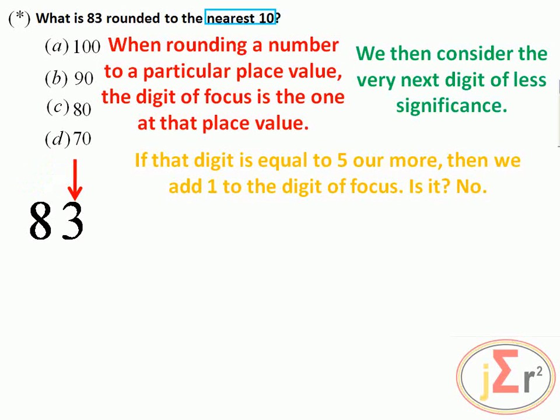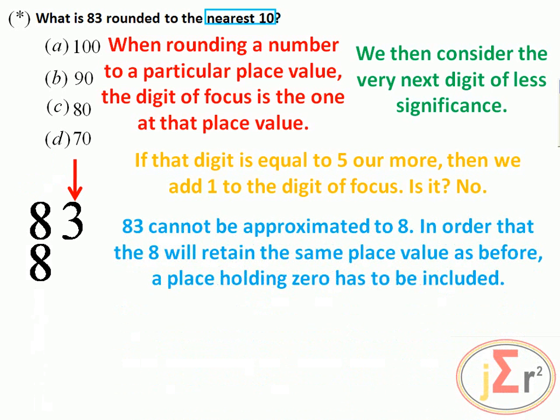Is it? No. It is not. Do we add 1 to the 8? No. So the 8 will be returned as it is. 83 cannot be approximated to 8. In order that the 8 will retain the same place value as before, a place holding 0 has to be included.